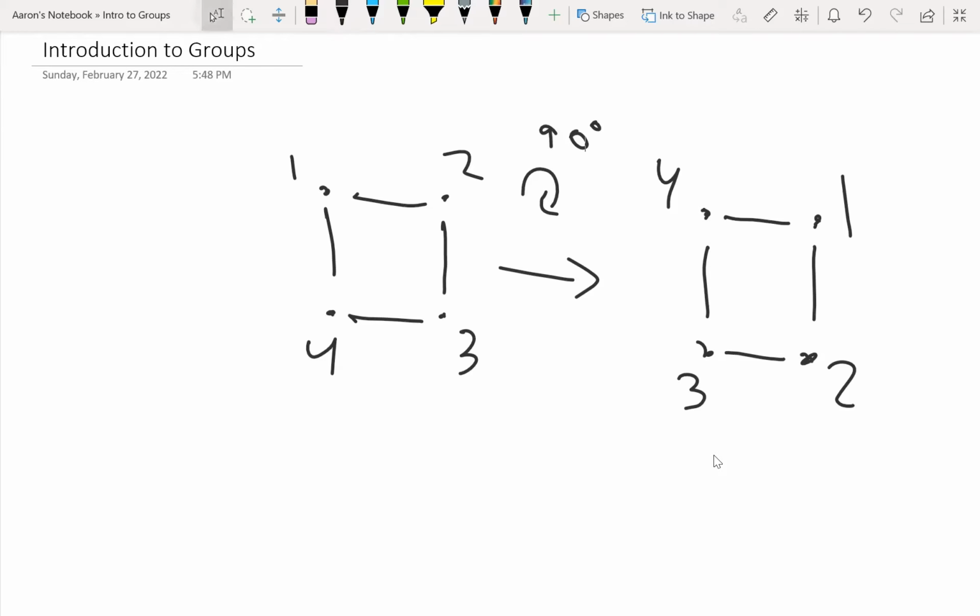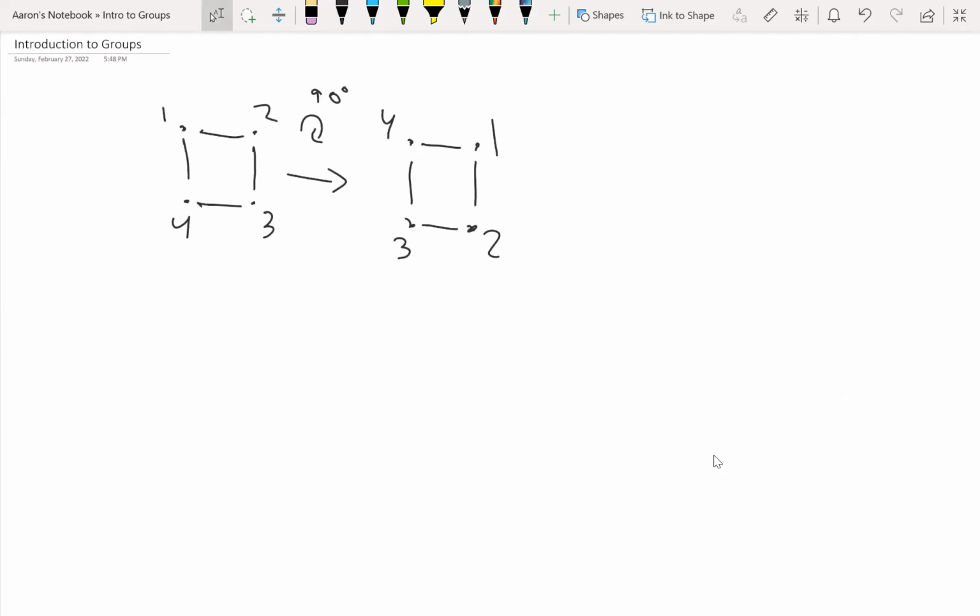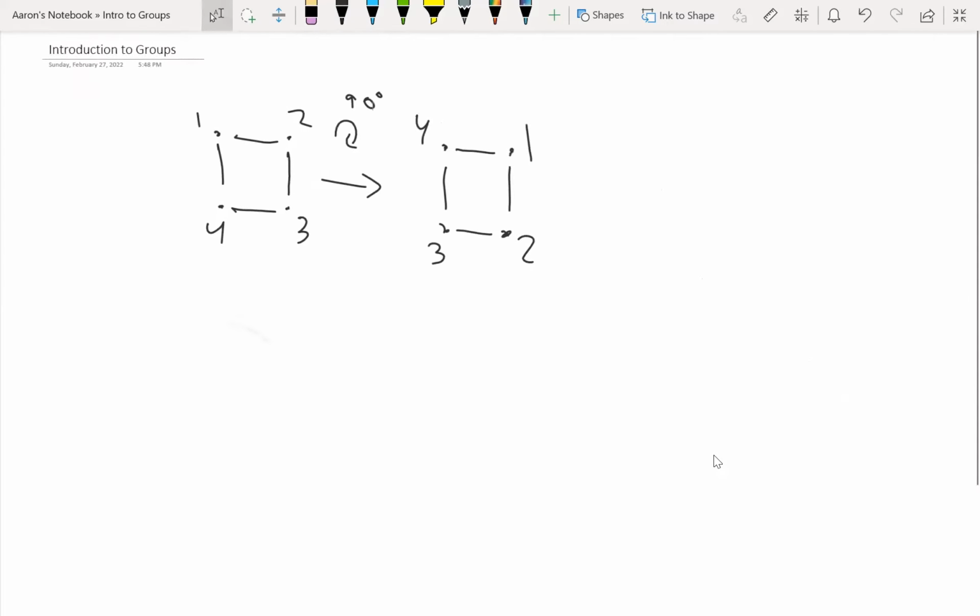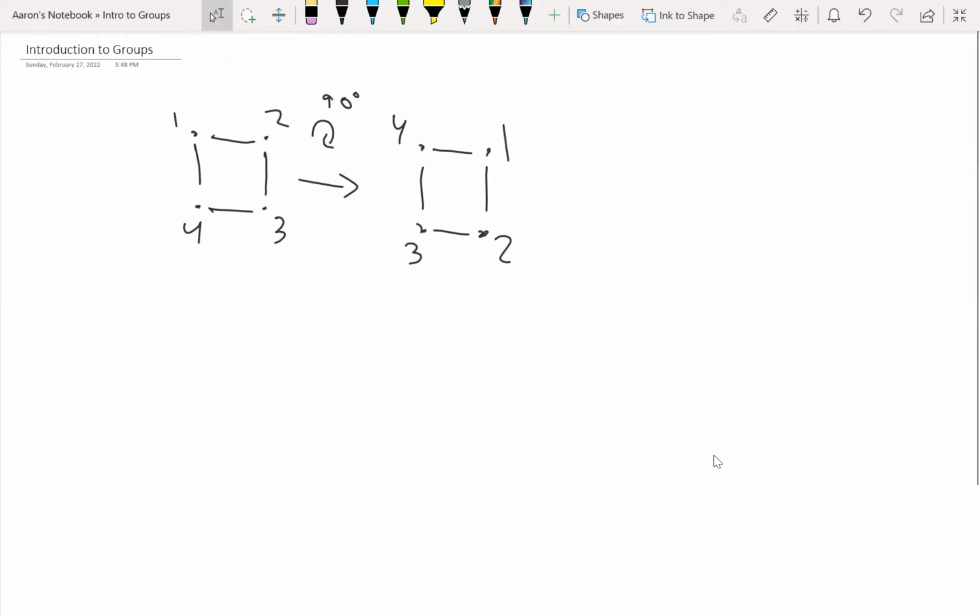Can I do this? Good. Okay, so let's look at just something that is a bijection but is not an isomorphism. Or yeah, so isomorphism is an appropriate word here, but what I really mean is a symmetry. So suppose we go down here and we are going to swap vertices 2 and 1.